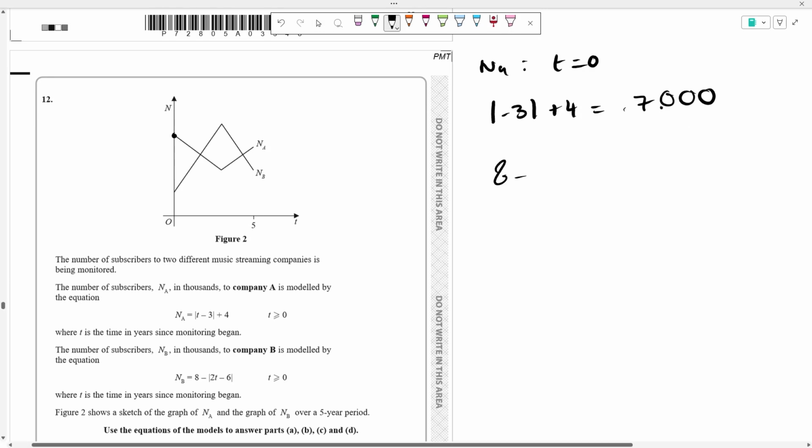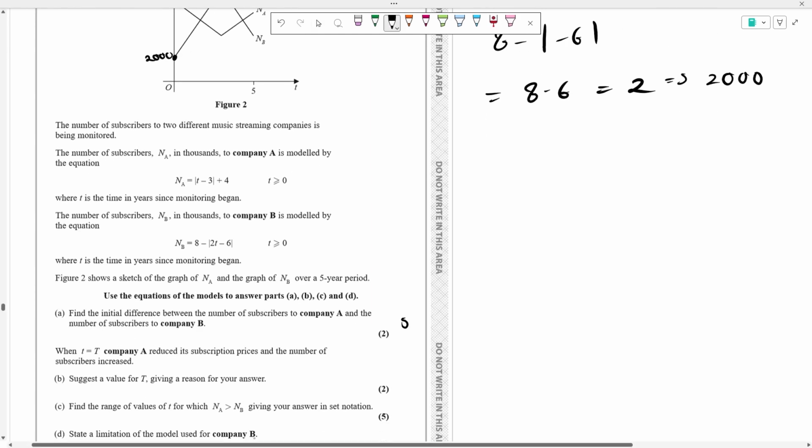So that's going to be 8 minus the modulus of minus 6, which is going to be 8 minus 6, which gives you 2. And remember, it's being measured in thousands, so therefore 2,000. Since we're finding the difference between them, we're going to have 5,000 subscribers between them.